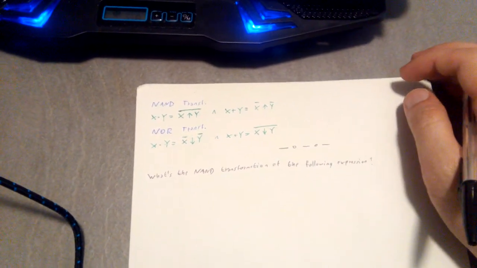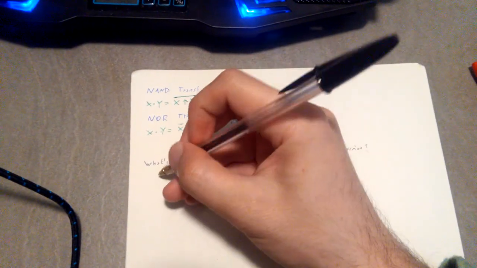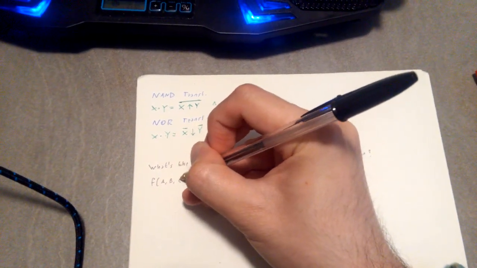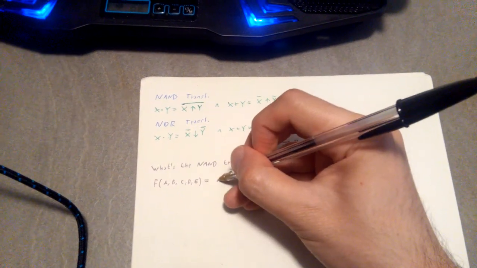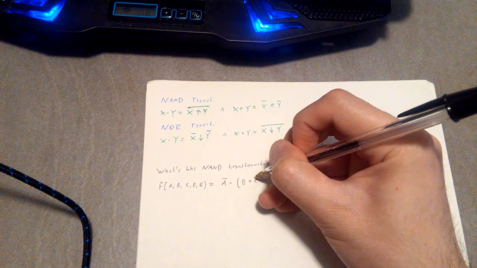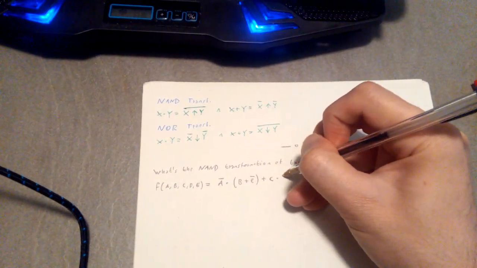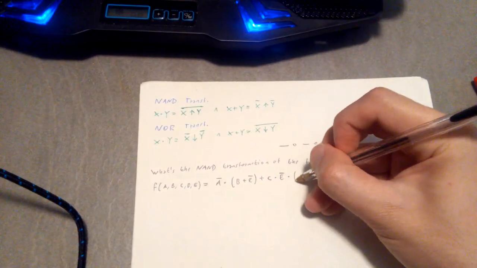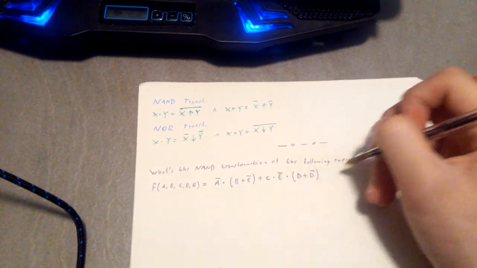We have an expression which describes a circuit, and this expression is a function, so f of a, b, c, d, e equals a not times (b plus c not) plus c times e not times (b plus d not).